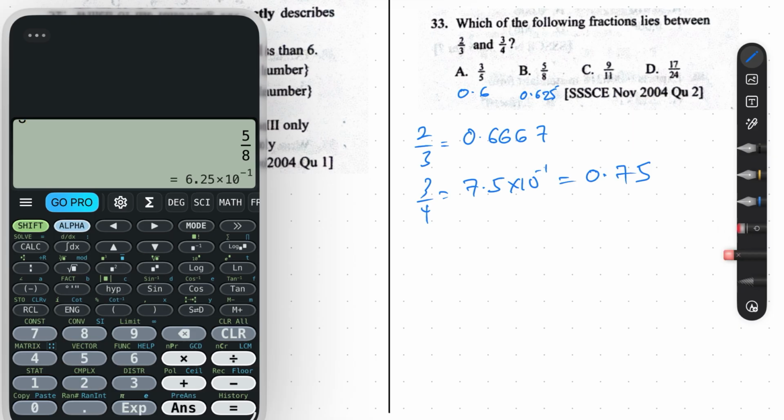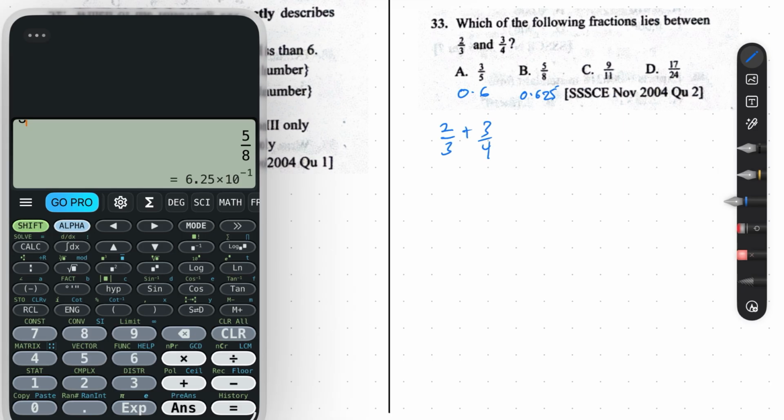Let's go back and do that. So now let's add 2 over 3 plus 3 over 4. What is the LCM? Let's use 12. 3 into 12, 4, so 4 times the 2 here.